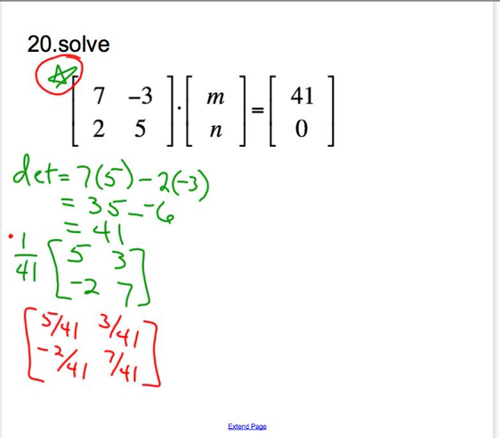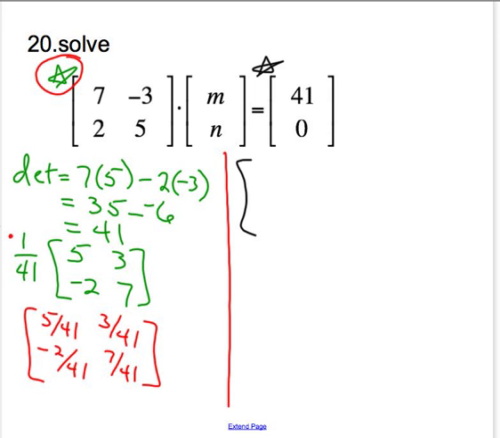So what do I do with that inverse matrix? I'm going to take that inverse in red, and I'm going to multiply it by my answer matrix. What I mean by my answer matrix is that one with the little black star by it. If I take the inverse times the answer matrix, I will then be able to figure out what m and n are equal to.